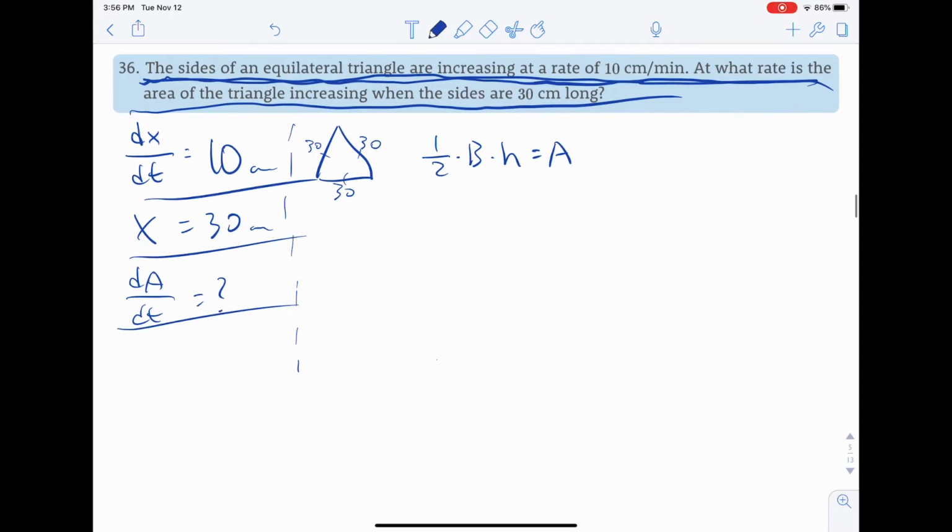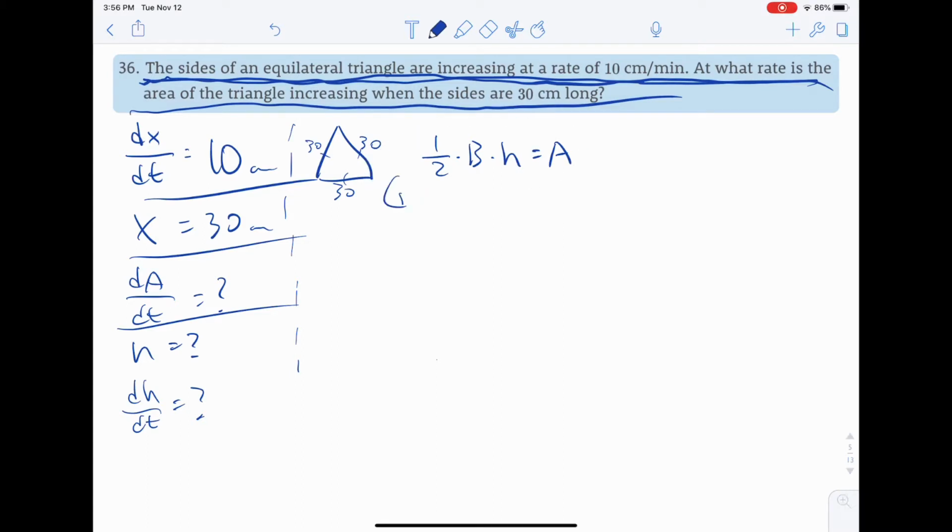We're going to need height, and we're also going to need the derivative of height, or how much height is increasing by. That's all we need to make the formula of the derivative.